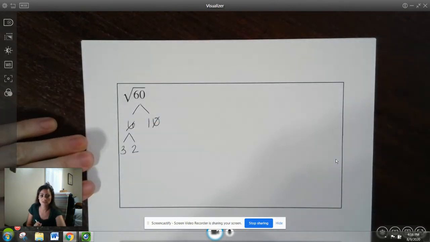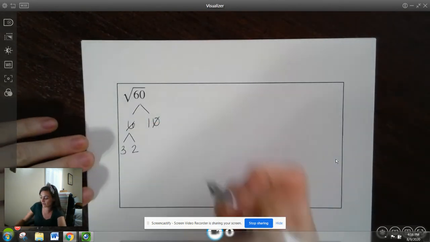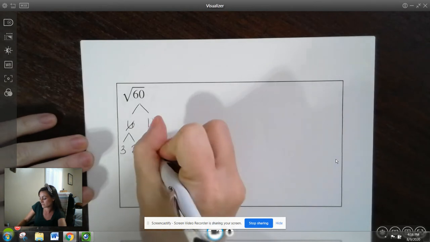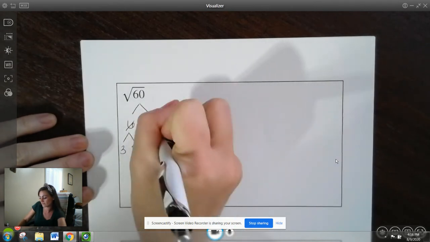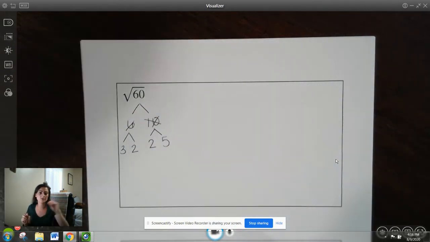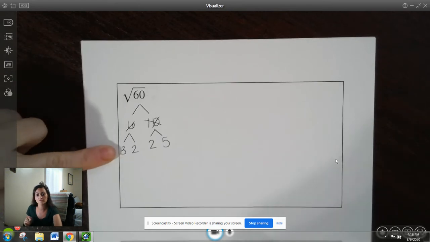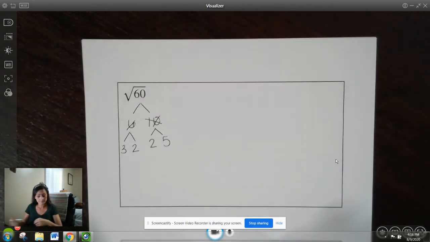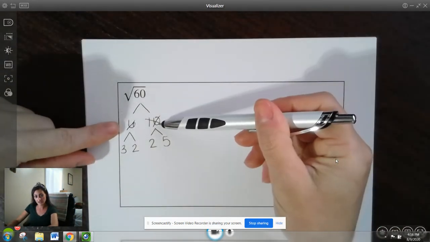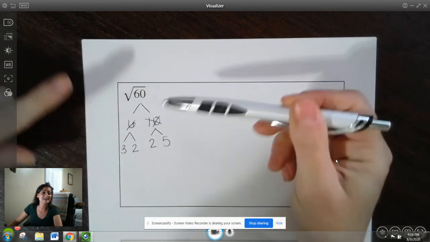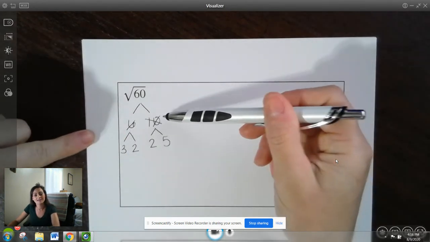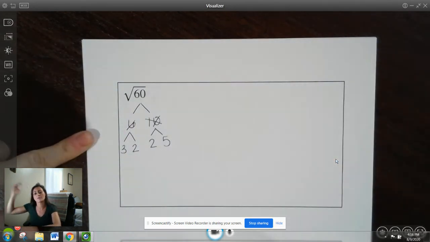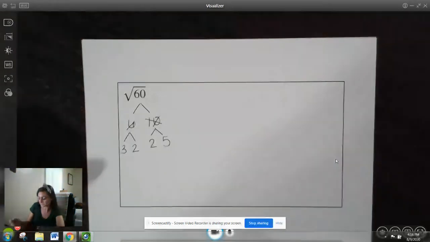So I'm done with 6. I've knocked that down to its prime factors. And this is 2 times 5. I've knocked 10 out because I've put it into its prime factors of 2 and 5. Personally, I cross the numbers out as I go so that I don't accidentally think that I need to include 10 when I go back to write my final result.